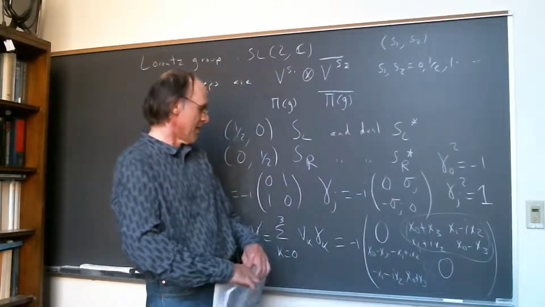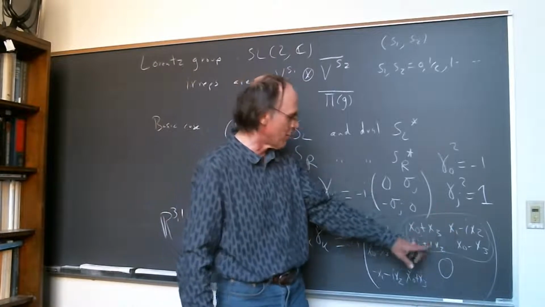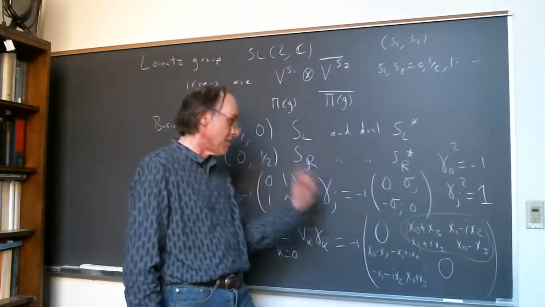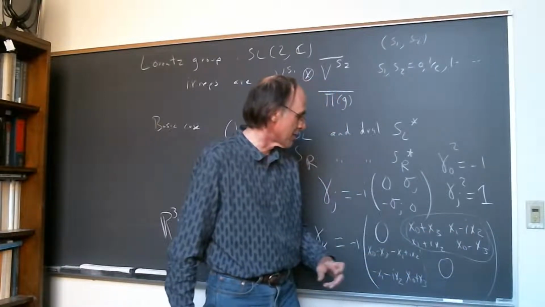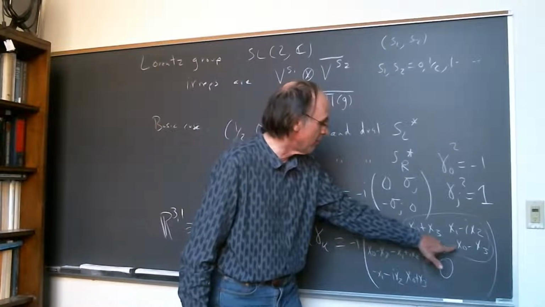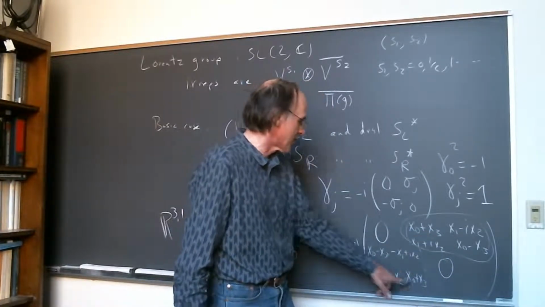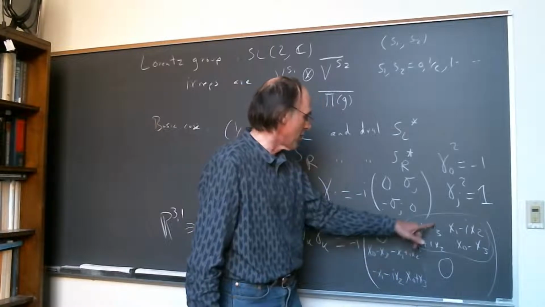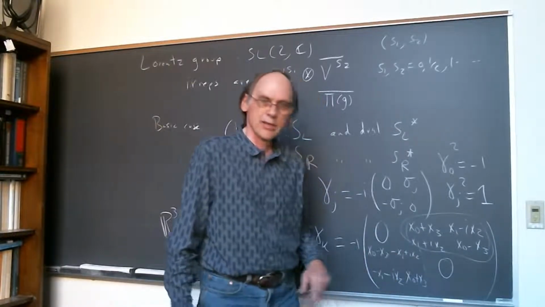But the important thing is this is the old story I was telling you about, that you could think of Minkowski space as 2 by 2 self-adjoint matrices, right? So this is a 2 by 2 self-adjoint matrix, and then this should be the same thing with x0 left alone and the xj's with a minus sign.